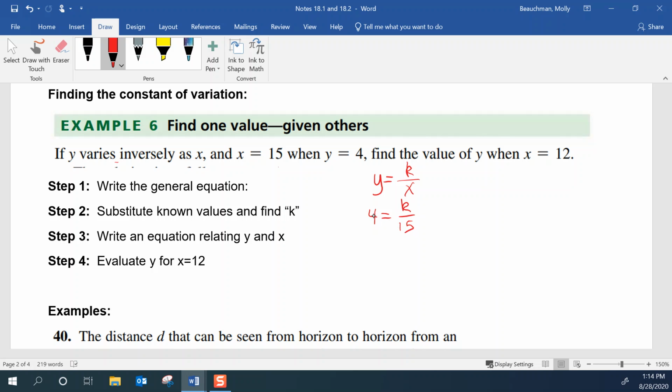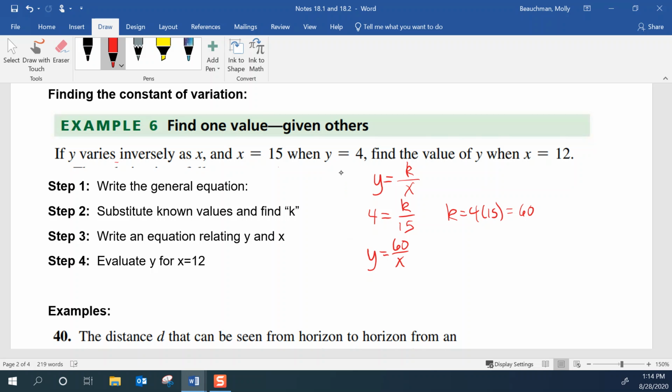So we can multiply both sides by 15 to solve this equation for k. K is equal to 4 times 15, which is 60. So now we know that y is equal to 60 divided by x. So now we know the constant of variation is 60.